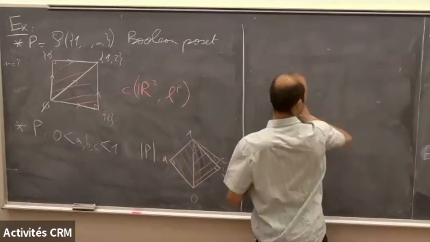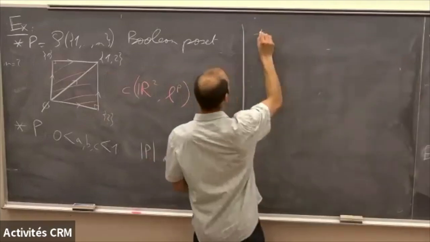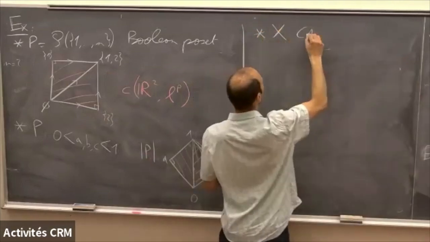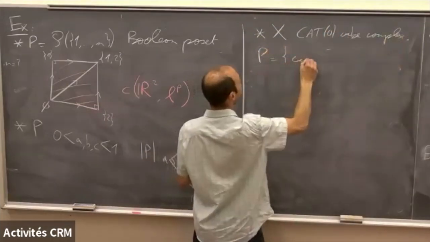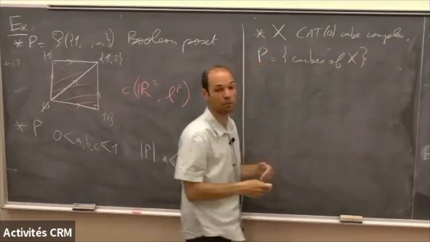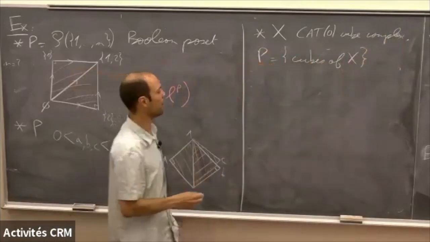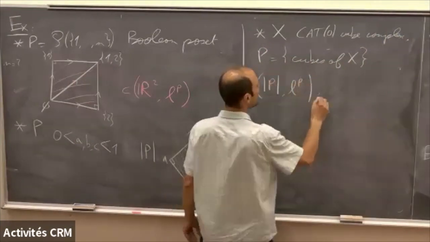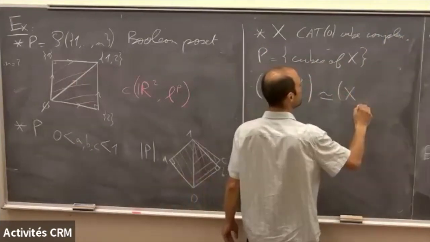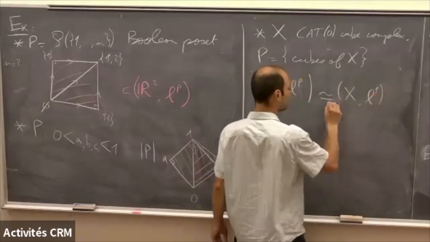Another very natural example is that if you take X, a CAT(0) cube complex, and you take P, the poset of all cubes of X, it's a poset by inclusion, and then P with the L-P metric is isometric to X with the L-P metric up to a factor of 2.